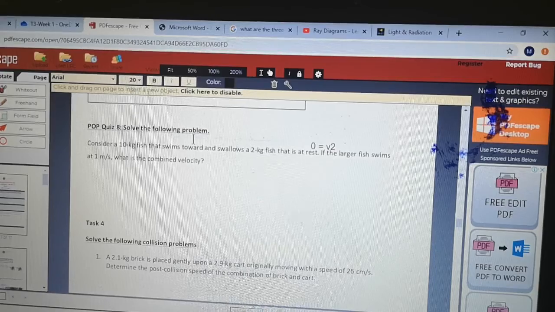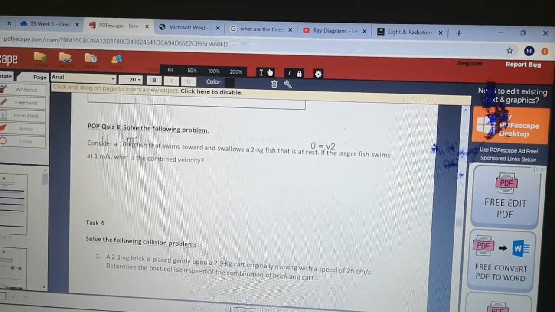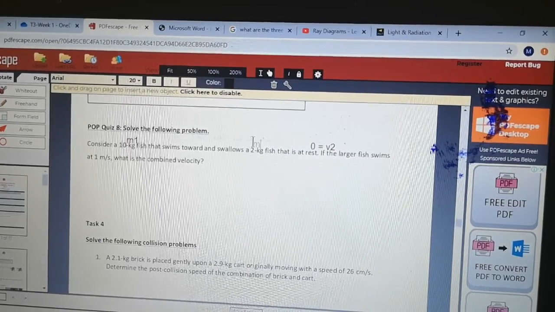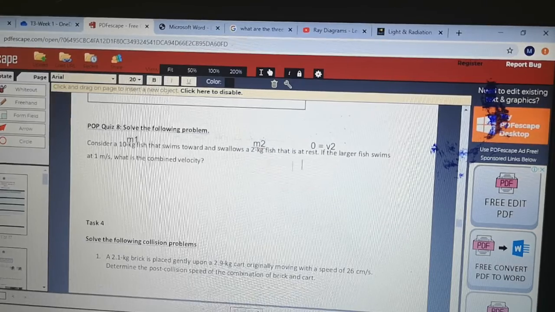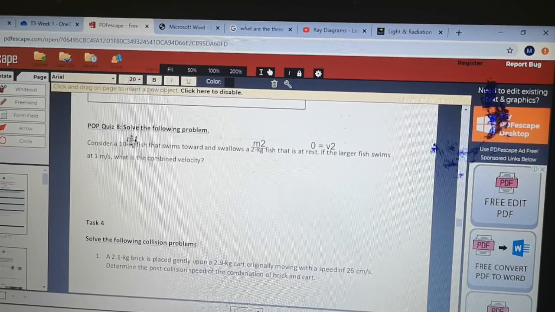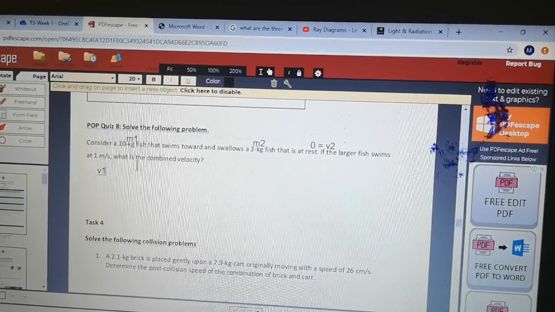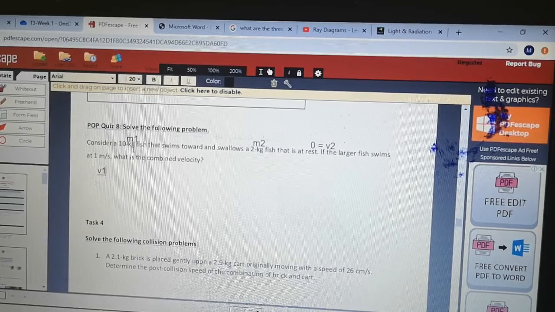Let's call the bigger fish number 1, so this can be M1. The smaller fish, M2, and its initial speed V2. And here's M1, and it says the bigger fish is at 1 meter per second, so this is V1. So I've told you what is what.